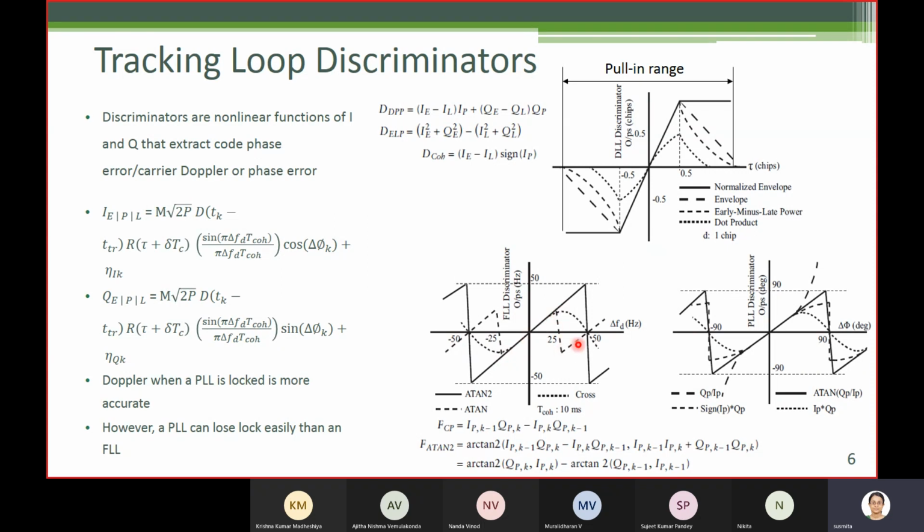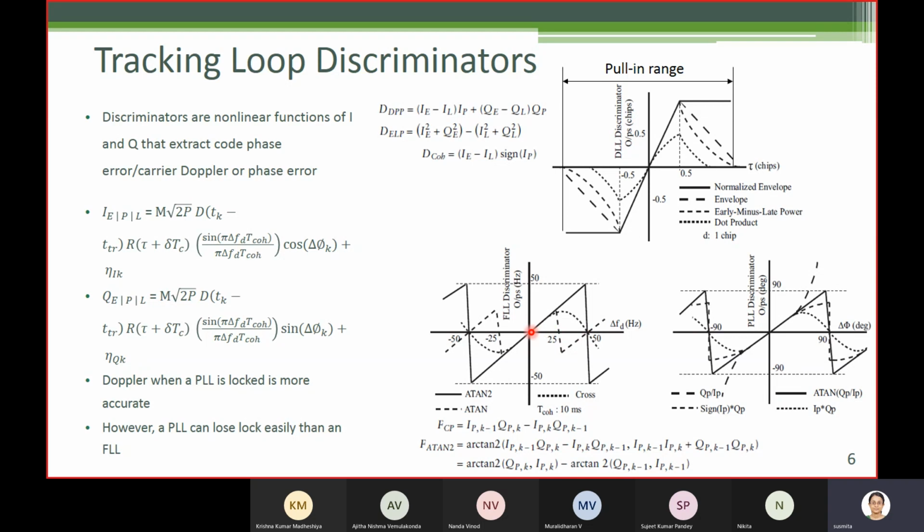For example, after acquisition, in case of the ATAN discriminator, if the actual error lies here, the actual error is positive, but the discriminator output will be negative. As a result, we get a wrong correction and the error, instead of coming here, will come to this point. This causes false lock. Locking means you are able to bring the error towards zero.